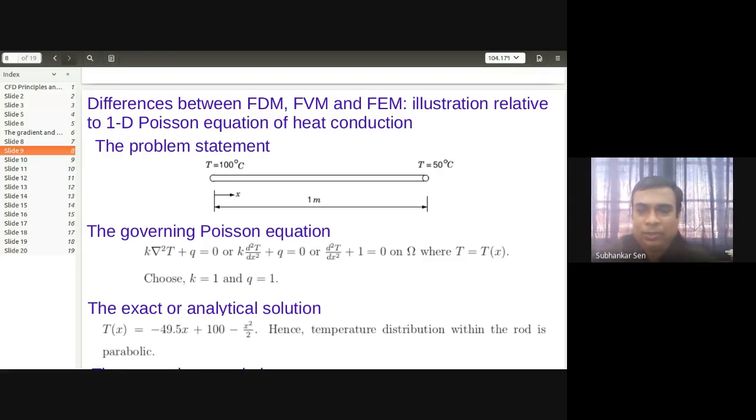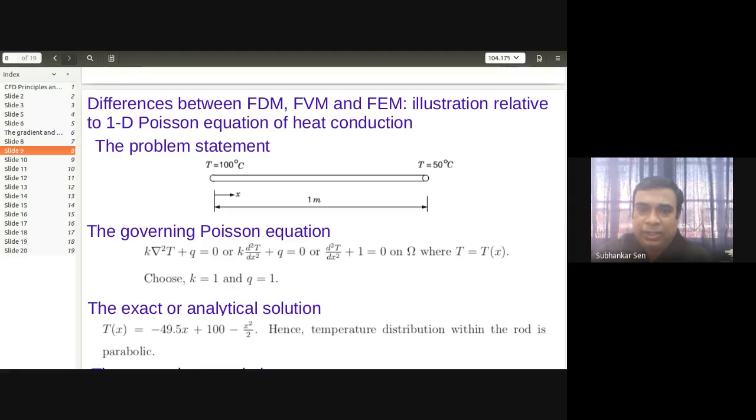So I am directly showing one particular problem of solving a temperature distribution in a rod by using the finite difference method, finite volume method, and finite element method. We shall solve the one-dimensional Poisson equation subject to Dirichlet boundary conditions.